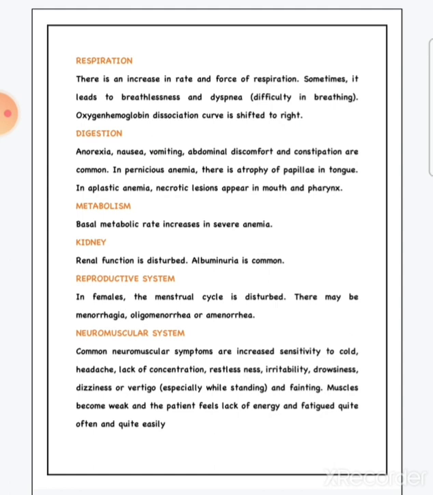In aplastic anemia, which is due to bone marrow disorder, necrotic lesions appear in mouth and pharynx.